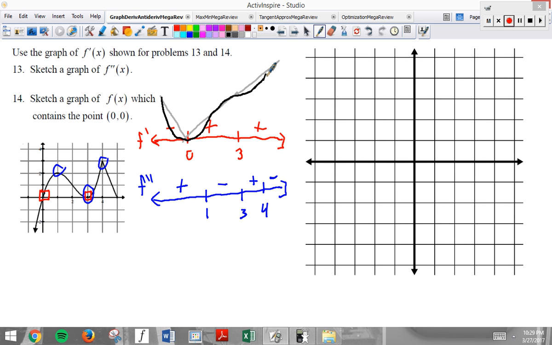Switching to concave down at 4. It should be a little bit sharp there, but not anything crazy. Okay, so containing the point here.